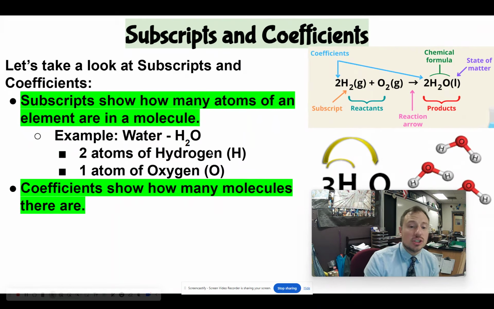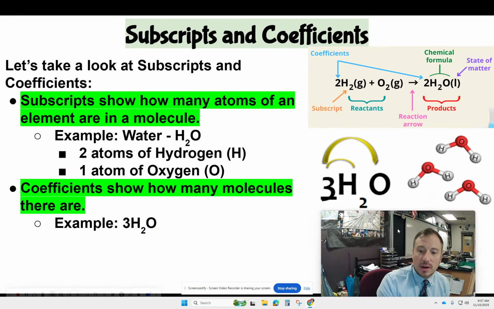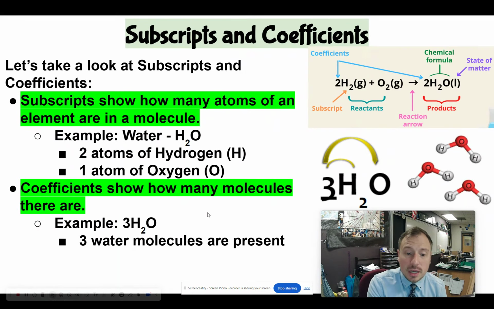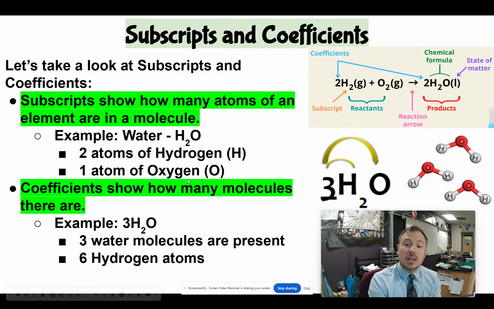Now, coefficients show how many molecules there are. So if we're looking at this, 3H2O, here's the little diagram off to the right, 3H2O, that means I've got 3 water molecules, right? Now, if I wanted to find out how many hydrogen atoms I have, how many oxygen atoms I have, you just multiply the coefficient times the subscript. So for the hydrogens, it's 3, that coefficient, times the subscript, which is 2, that'll get you 6.